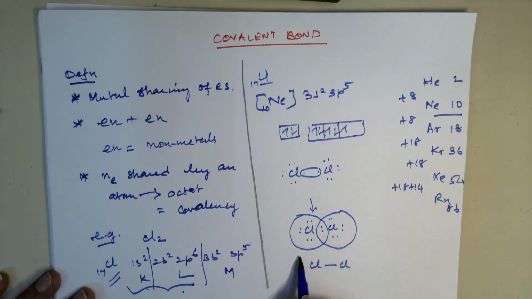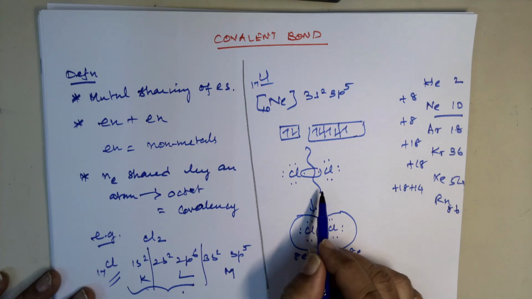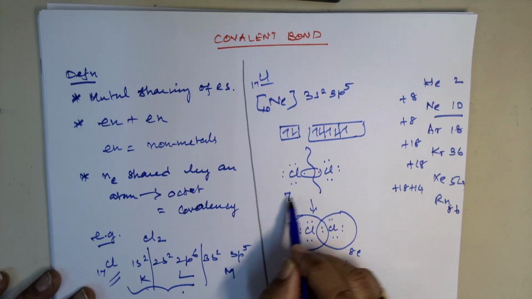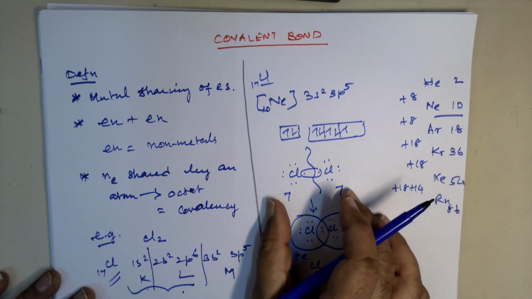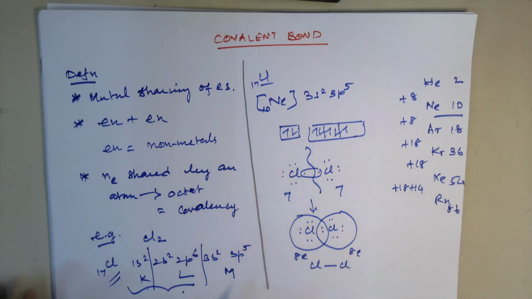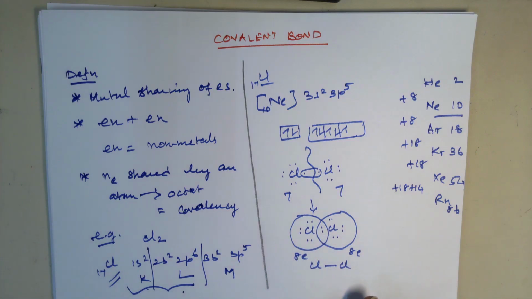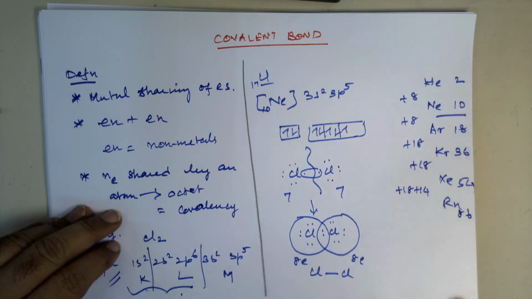So both of them have attained the octet, that is 8 electrons here, 8 electrons here. Previously, when they are separate, it has 7 and here 7. By combining, there is a coexistence, a stable one, so that each one will have 8 electrons and commonly overlap is 2. So bonding is nothing but the overlapping of orbitals.